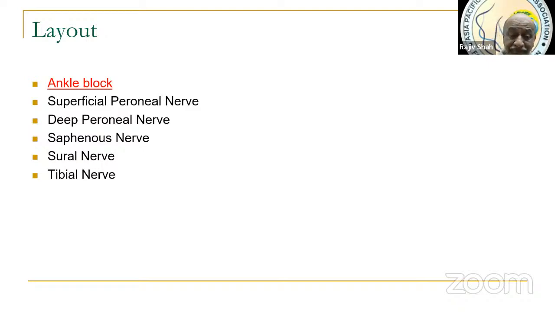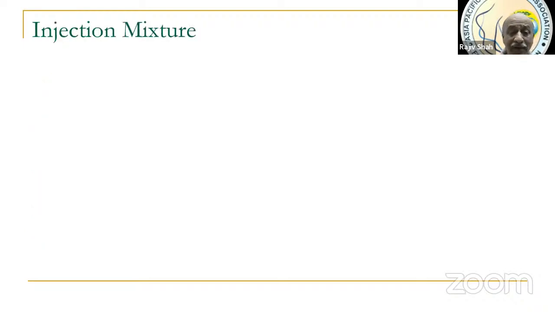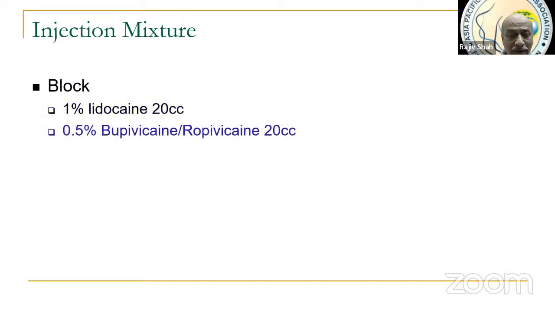So I am going to talk on ankle block, and that would be followed by how to inject into interdigital neuroma, how to inject into ankle, and how to give injection for heel pain. So what is the mix which we use? If you are giving an ankle block, we use xylocaine or lidocaine, we use sensorcaine, and we do not need to use any steroid into it.